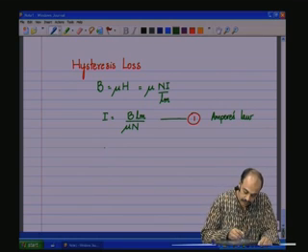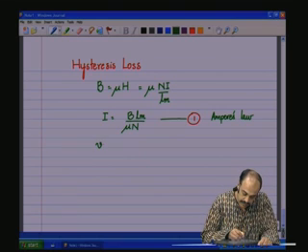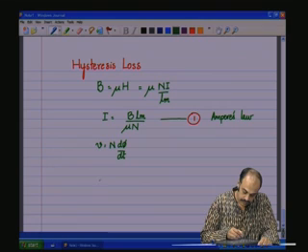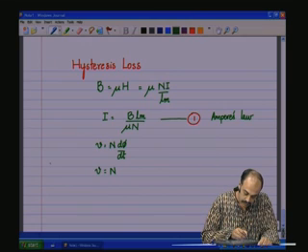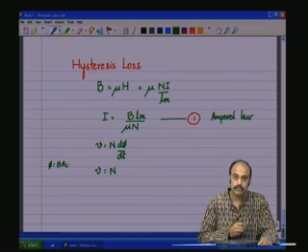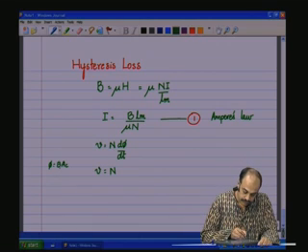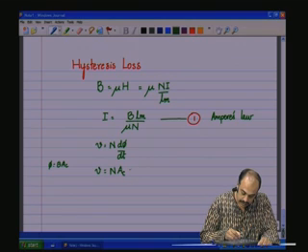Another equation is a result of Faraday's law. We have V is equal to N d phi by dt, which is equal to N times d phi by dt. Now, phi is nothing but B AC, isn't it? So, if AC is constant, V is N AC dB by dt.